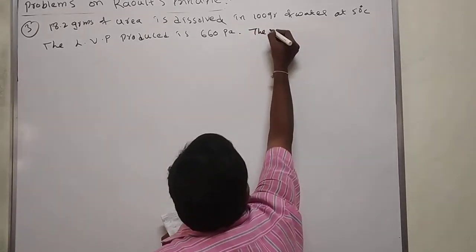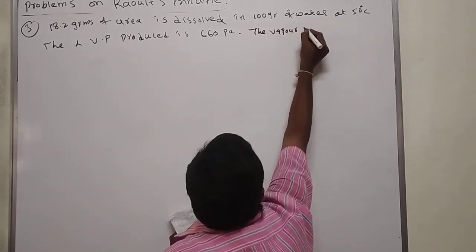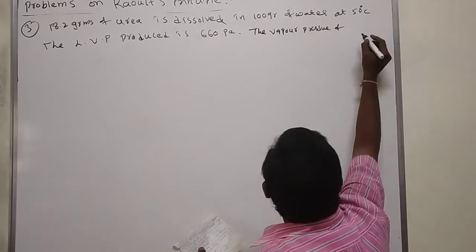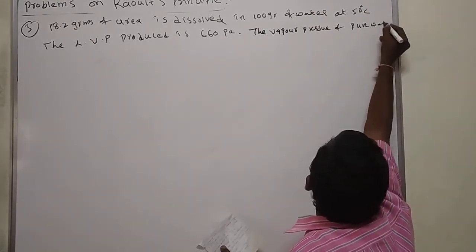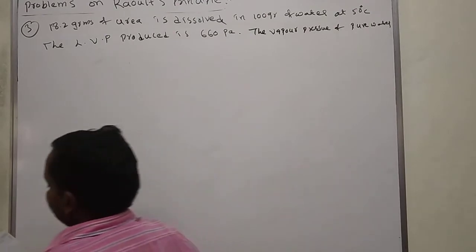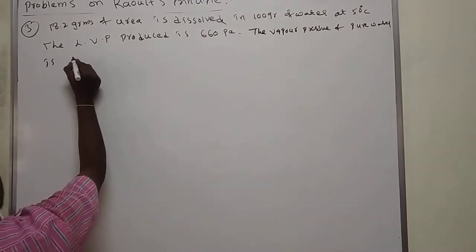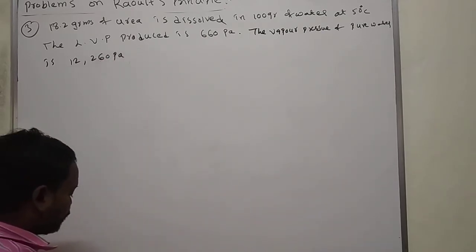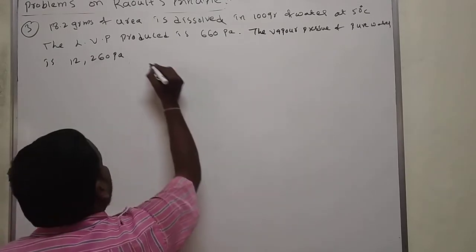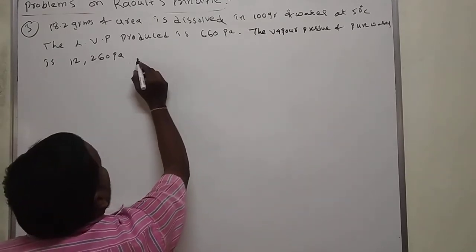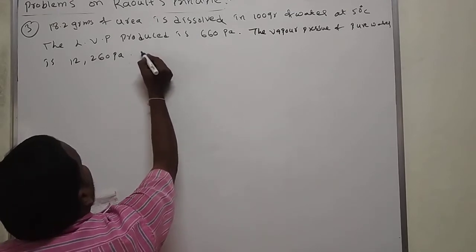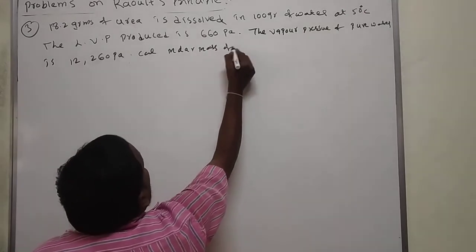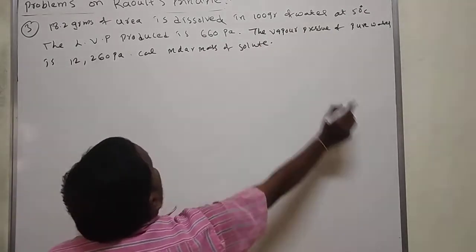Okay, the vapor pressure of pure water at the same temperature, 50 degrees centigrade, is 1260 pascals. Calculate the molar mass of the solute.